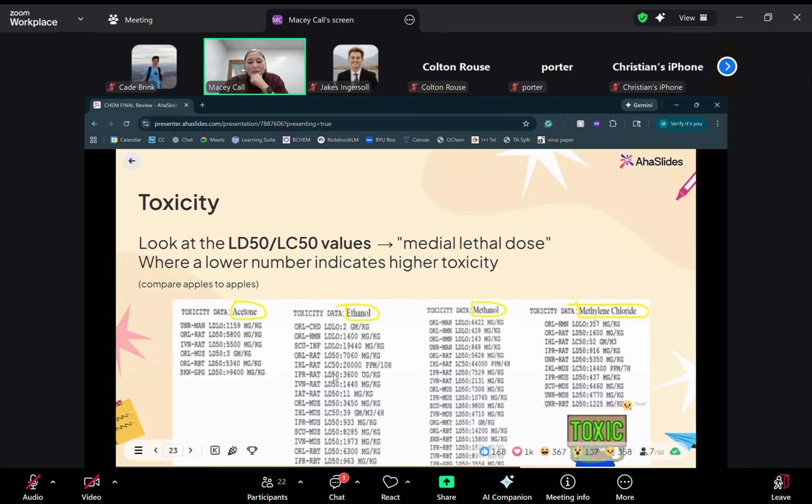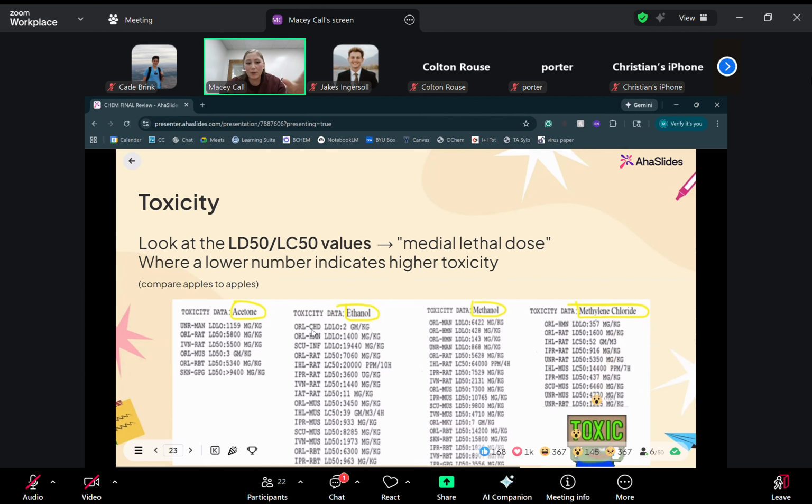Okay, so keys here: smaller number, higher toxicity, compare apples to apples. Okay, so when I say that, what do I mean? I'm saying it again and again because I really want you guys to get this question because it's not that hard. But just make sure that you're comparing, look for an LC50 or an LD50. Make sure you're comparing the same route of administration and the same organism, right?